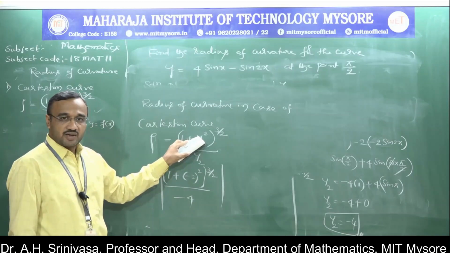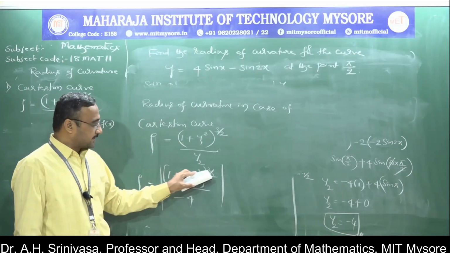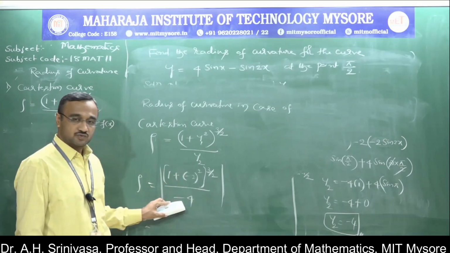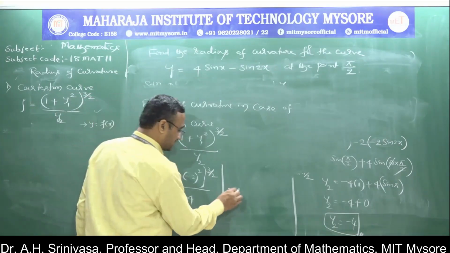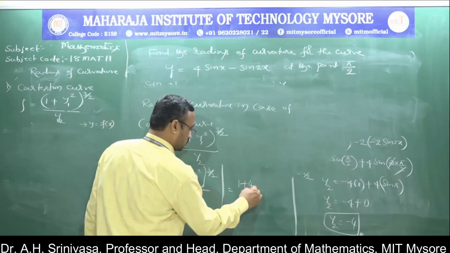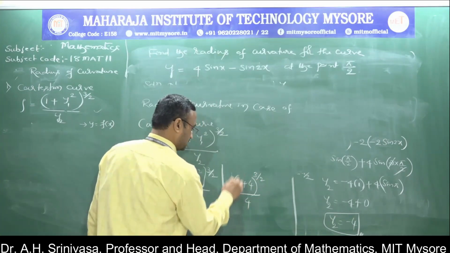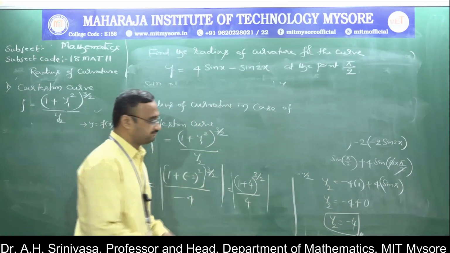Now substitute the respective values: 1 plus, what is your y1 value? Minus 2, whole square, then whole power 3 by 2, then divided by minus 4. We simplify this. The whole square becomes a positive value. It is 1 plus 4, whole power 3 by 2, divided by 4. You should take the absolute value.